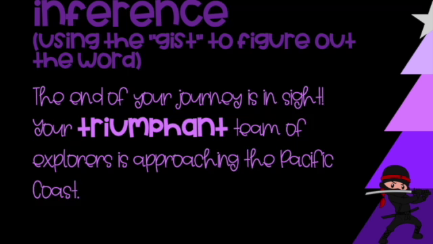I'm seeing that it's the end of our journey and that our explorers are approaching the Pacific coast. So I can guess that triumphant means to succeed or to finish. The fact that their journey's over, they did it, and that they're approaching the end, that means triumphant. Triumphant means that they've won something or they've succeeded in doing something.